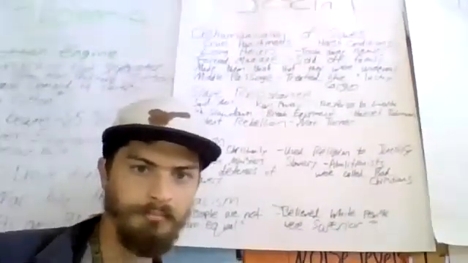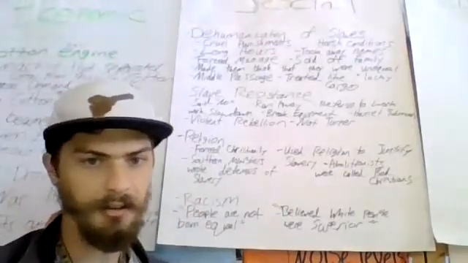So there's your sheet for social. Really populated this one up. I'll give you guys about 5 minutes to write. We really covered a lot this unit. Make a wish.